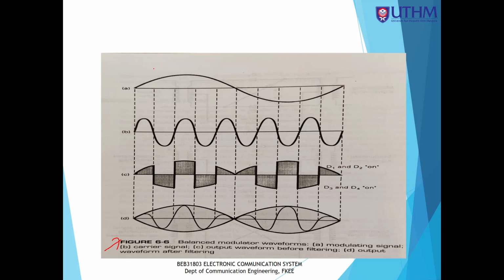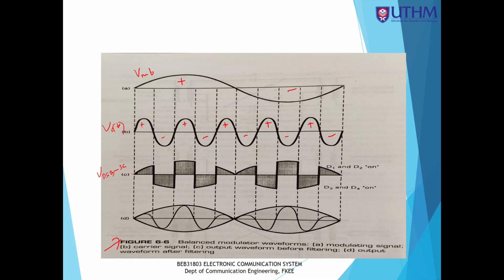So here we have VM(t), we have VC(t), and then this one is V DSB-SC, DSB suppressed carrier. You see the polarity of the modulating signal, positive and negative, and the polarity of the carrier changes, positive, negative, like this. So what happened?